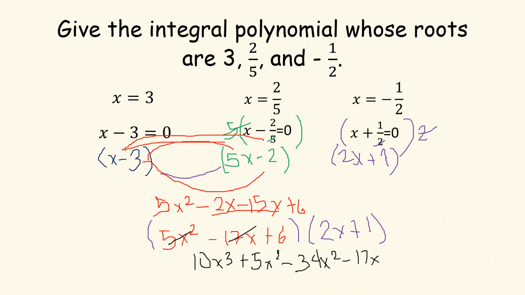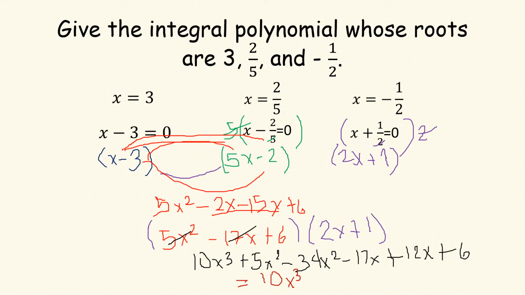Then, let's have the constant. I-distribute natin. So, we have 6 times 2x. It will give us positive 12x. Then, 6 times 1 will give us positive 6. Then, after that, combine like terms tayo. So, yung ating magiging final na answer will be, we have, copy lang natin yung 10x cubed kasi wala naman siyang kaparehas.